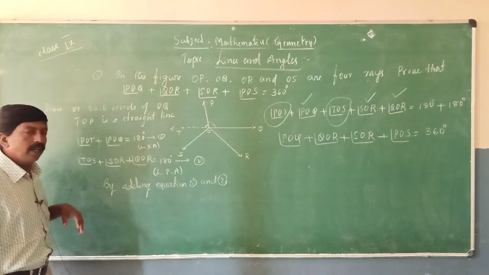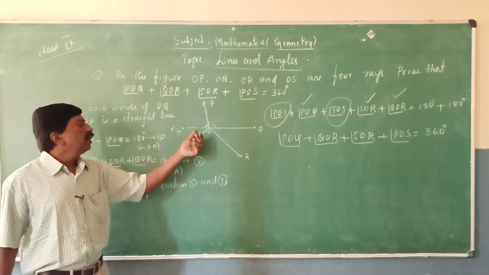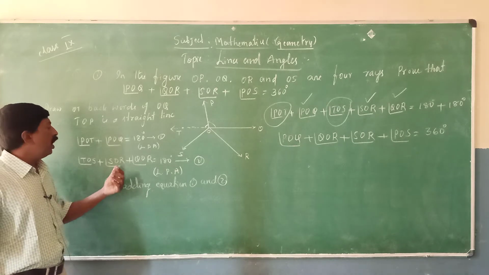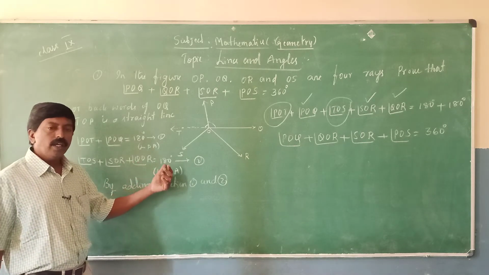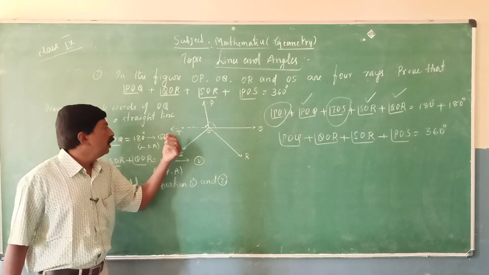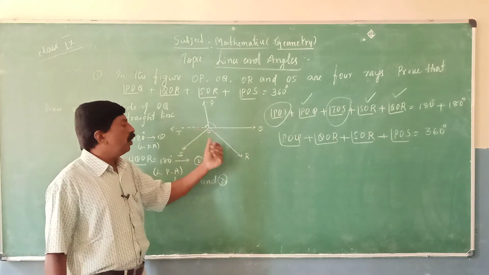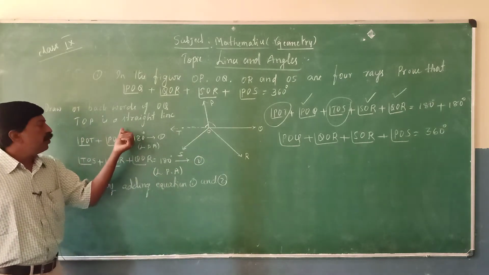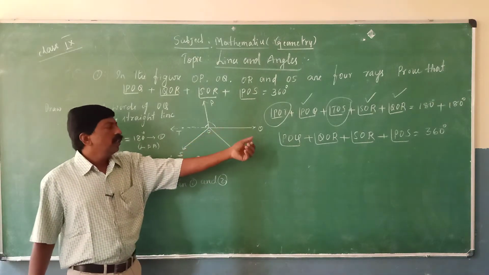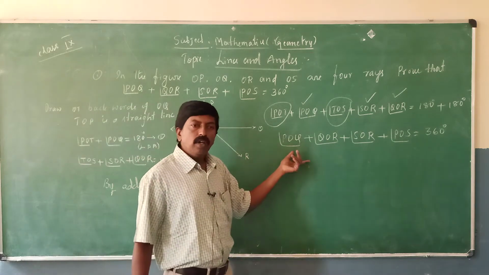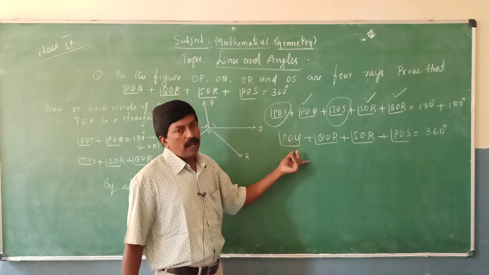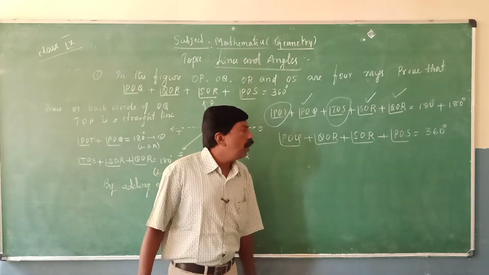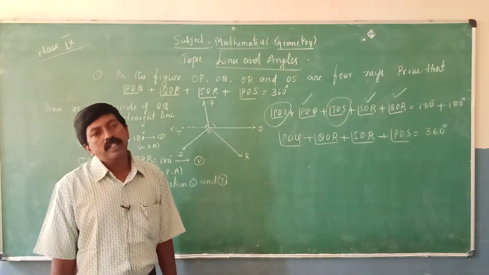Next, the sum of these three, TOS plus SOR plus QOR, is also 180 degrees. Add equations 1 and 2. So you get what we have to prove: POQ plus QOR plus SOR plus POS is equal to 360 degrees.